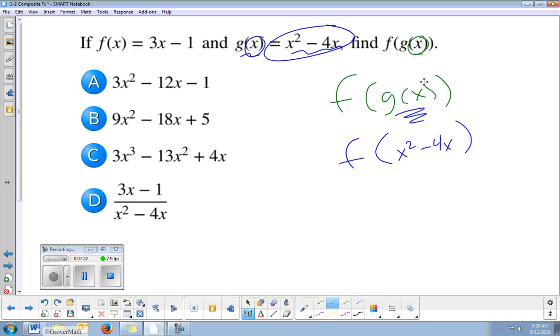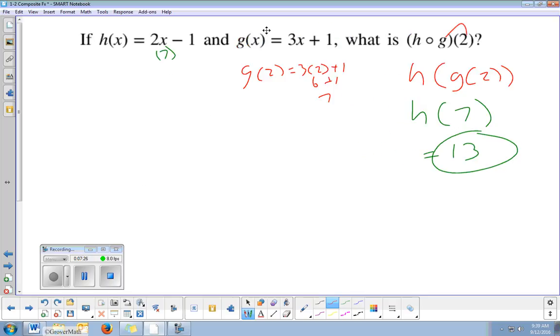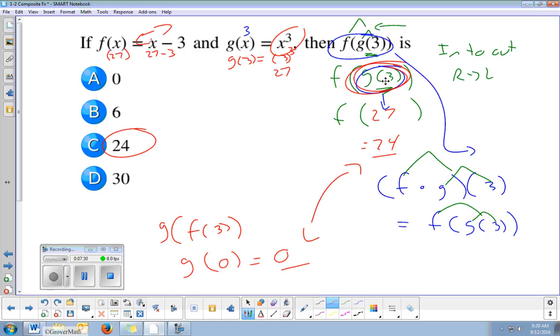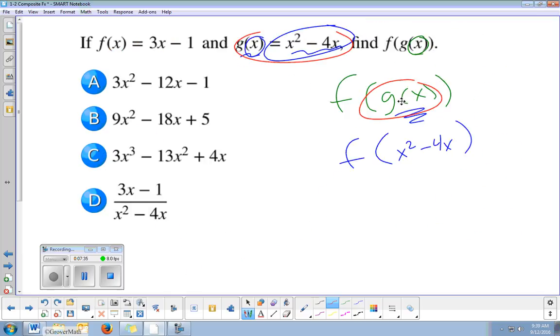So f of g of x, I can replace g of x with what g of x equals. And that really is the same thing we were doing here. I replaced g of 3 with what g of 3 equaled when I plug in a 3 to g. Well, I replace g of x with what g of x equals. And when I plug an x in here, I get that.